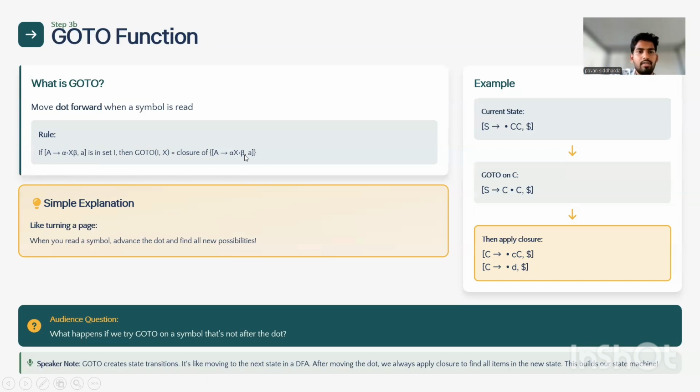So with GOTO on X, the dot moves forward. For example, S gives rise to dot CC, GOTO on C gives S gives rise to C dot C, dollar. Then we can apply the closure also.